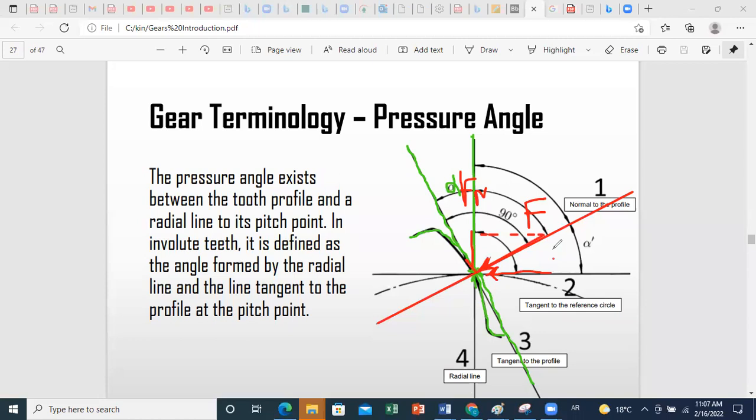If we consider that this gear is the driven gear, then it is the tangential force Ft which will produce the rotational effect. This is why it's of interest to decrease the pressure angle, because this will increase the tangential force and therefore increase the couple of rotation which will drive our gear.